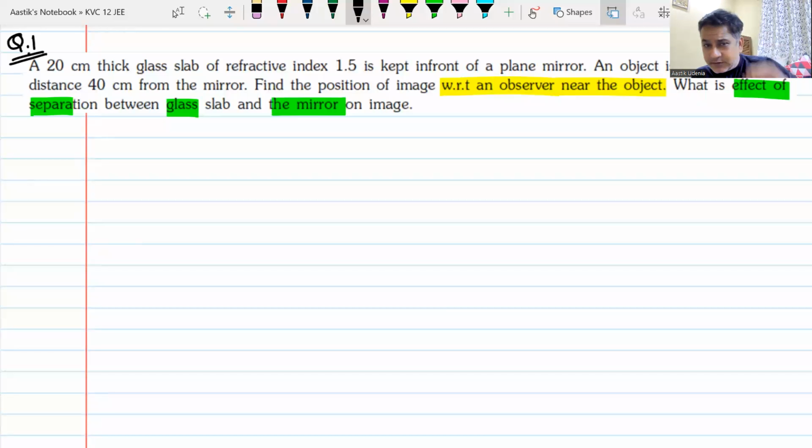And you will have to remember what we have done. We had seen that if you put a glass slab on one side, we have an object, then we have a glass slab, then we are observing it from the other side. The object shifts. Yes or no? Do we remember this?